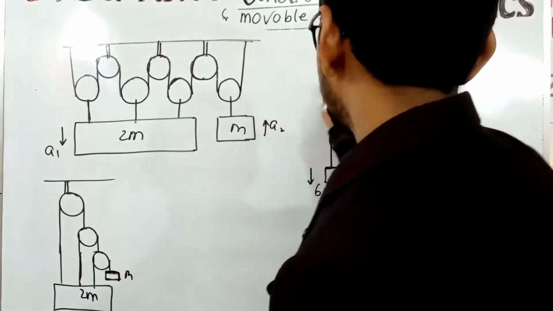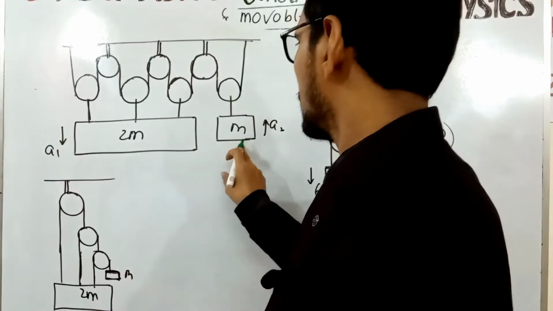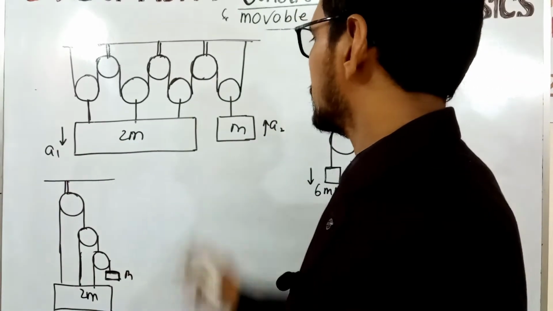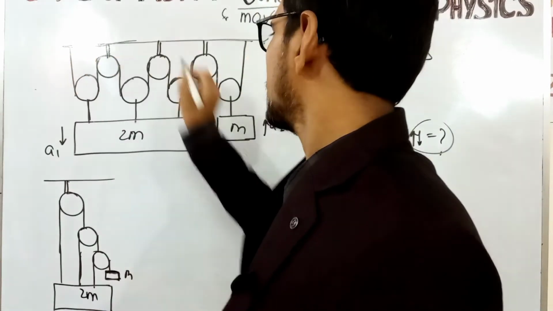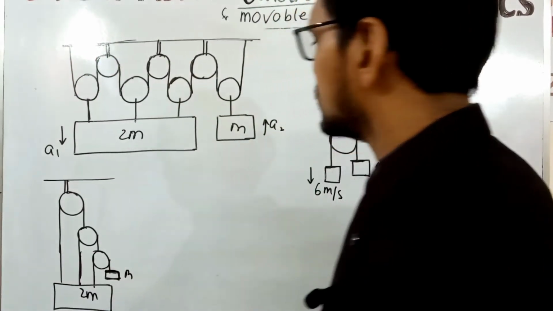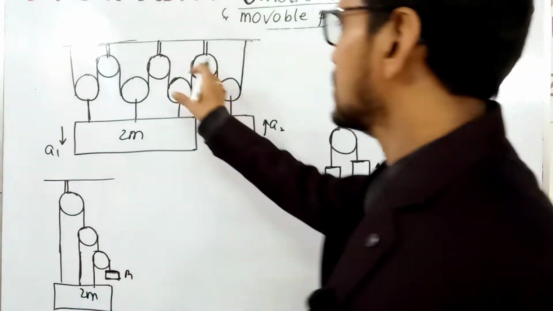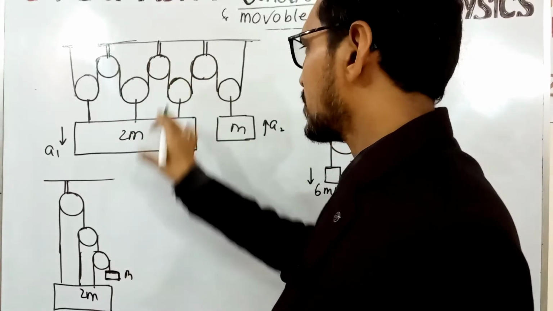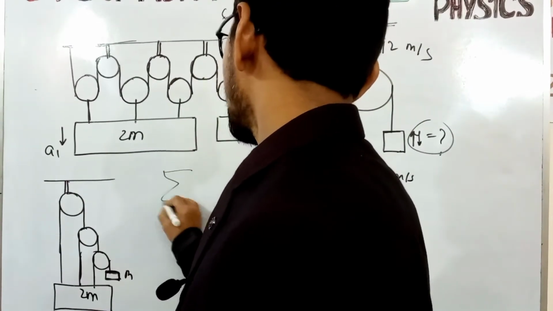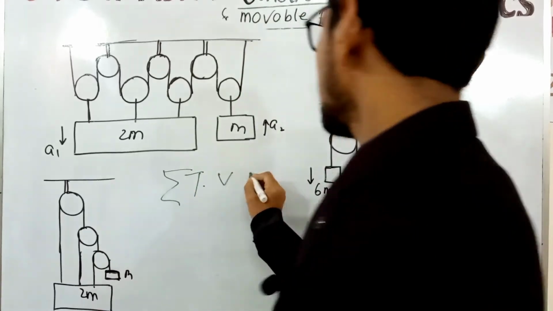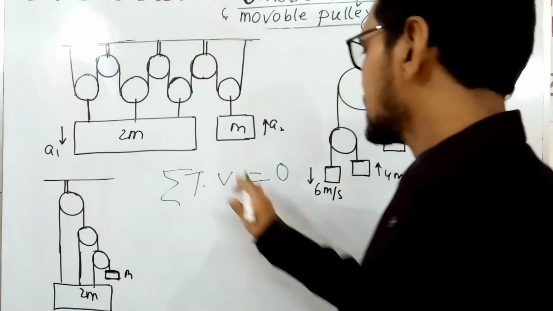Now here three diagrams are given. What is the relation between A1 and A2? So study this diagram. Very easily we can get the relation between A1 and A2. Although these systems are complex, if we apply summation of T dot V equals 0, we can get this very easily.